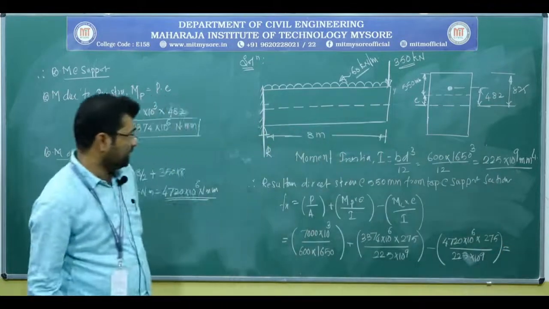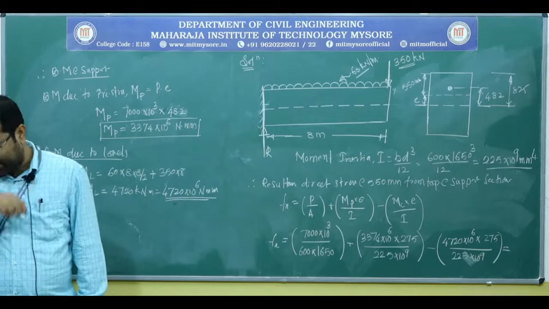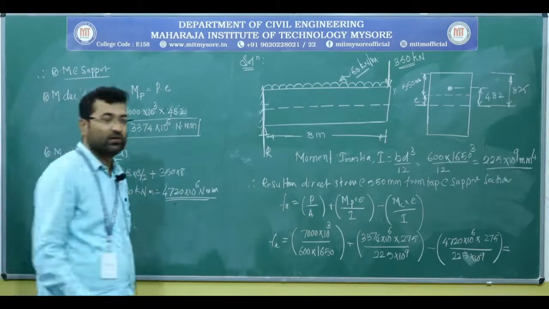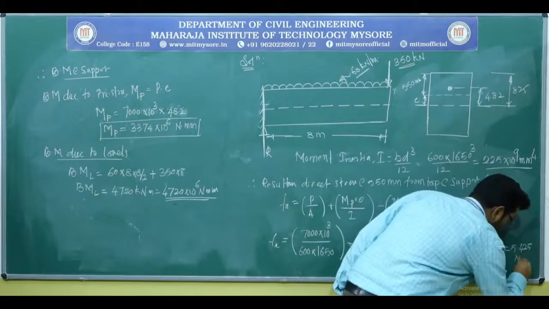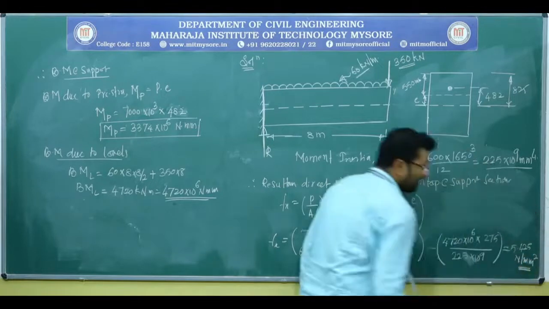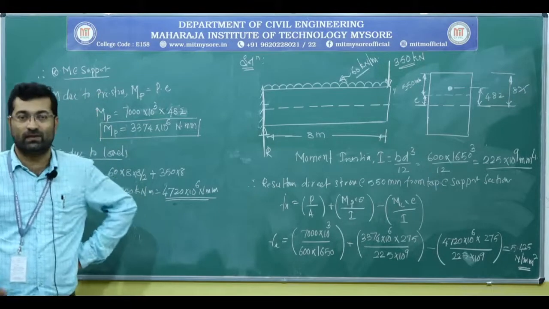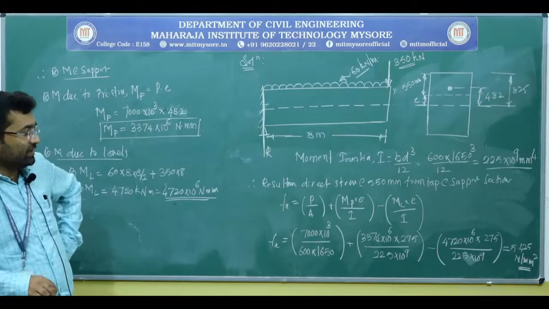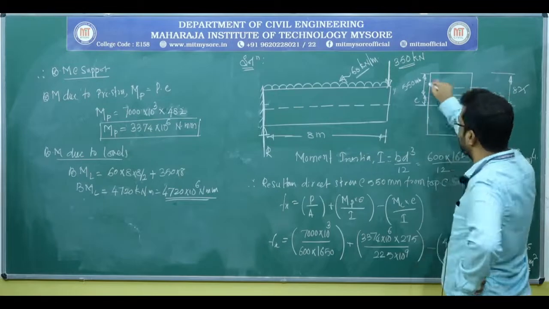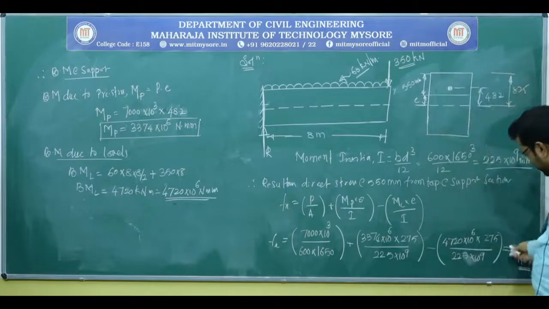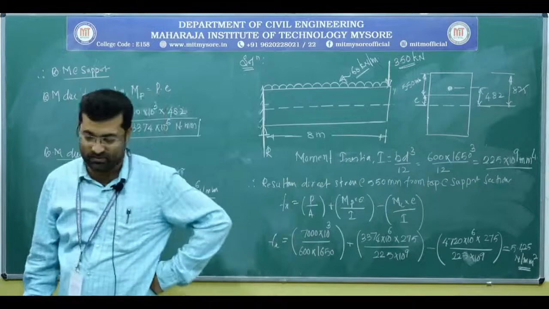This whole together yields us a value of 5.425 newtons per millimeter square. Please verify this value. It is 5.425 newtons per millimeter square, the stress in the concrete here at a distance of 550 millimeter from the top. At this level, it is a compressive stress. Okay.